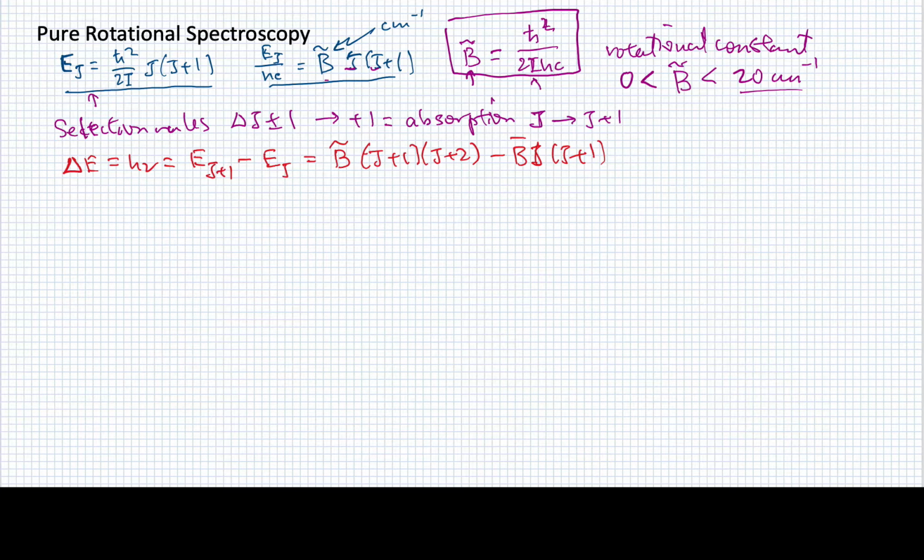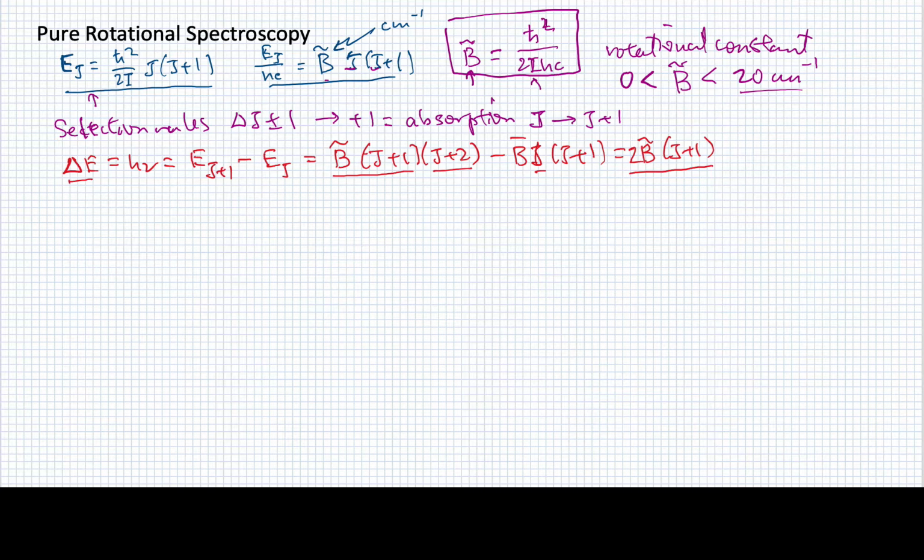Now notice that both of these terms are dependent upon B tilde and on J plus 1, so we can factor that out. And then what's left is J plus 2 minus J. Well, J plus 2 minus J is just 2.